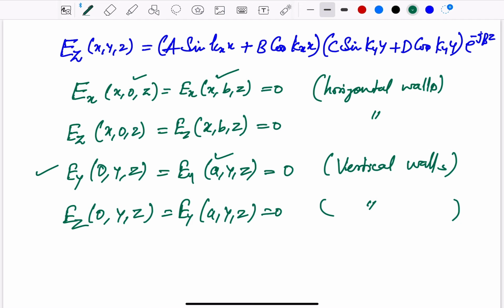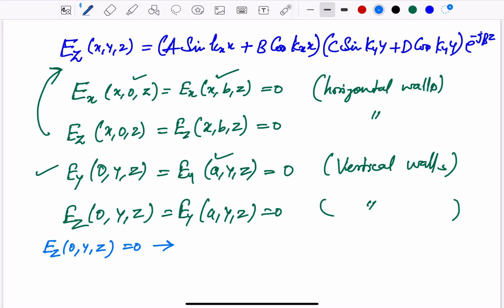Now utilizing this boundary condition, here you can write down certain things, as we did in a previous class. So starting from Ez(0,y,z) equal to 0, what will it give?